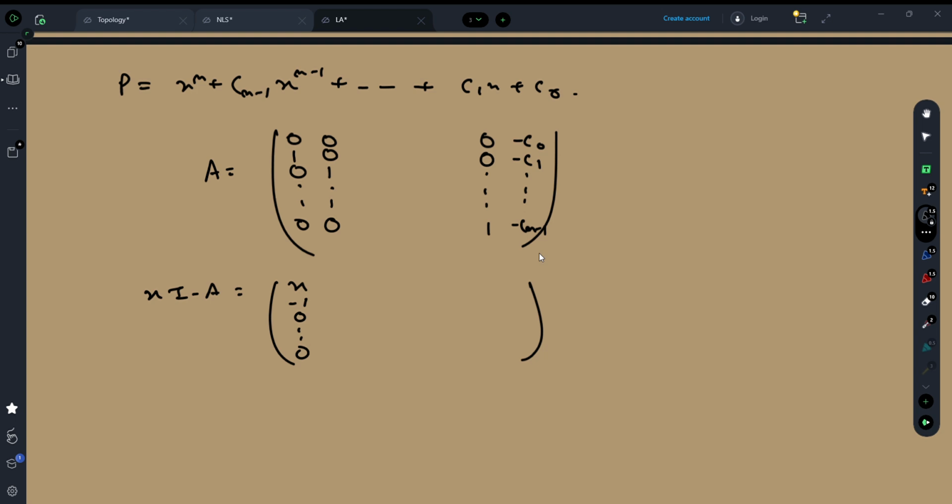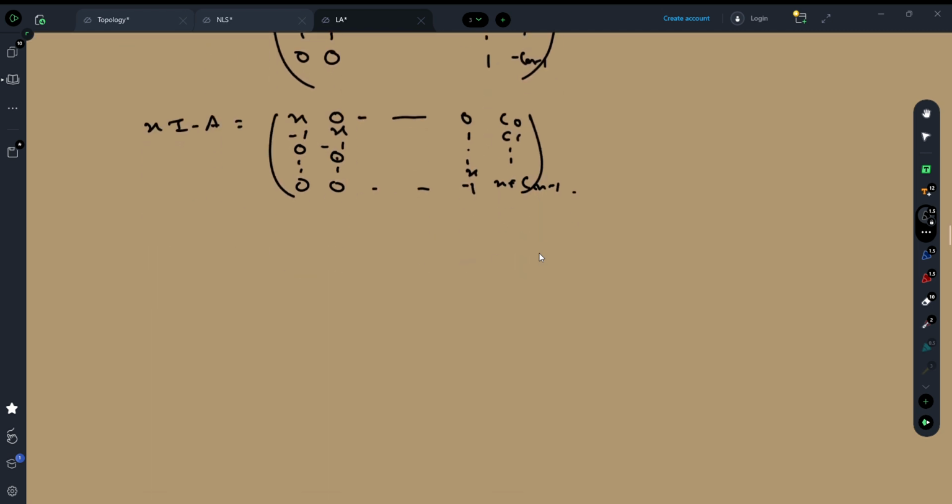Then this is typically the matrix with x, minus 1, all the other elements 0. Then you have 0, x, minus 1, all the other elements 0, and so on till you have x, minus 1 here. And in the last column you have c0, c1, and so on, till x plus c(n-1), right?